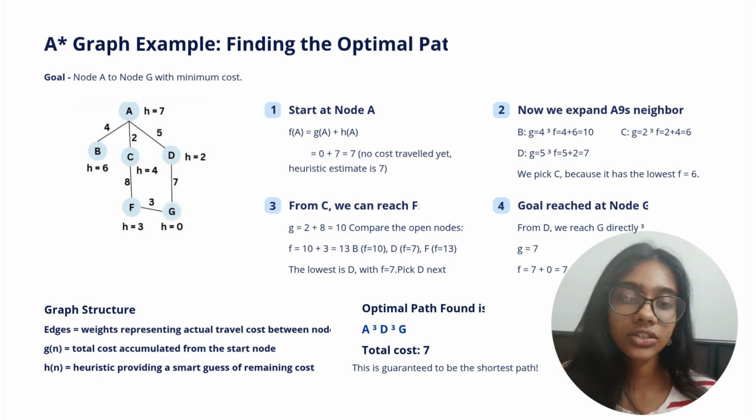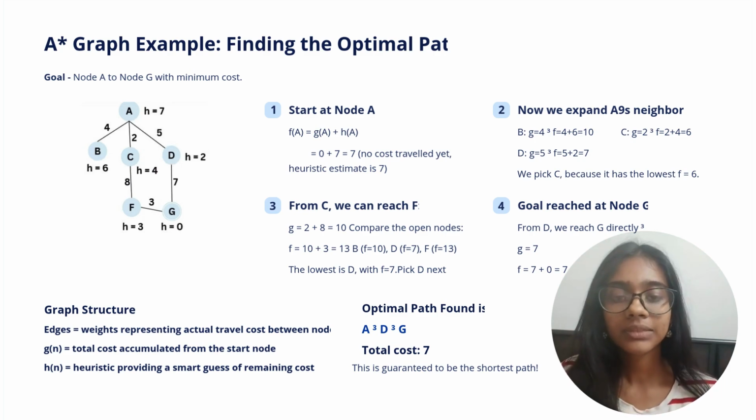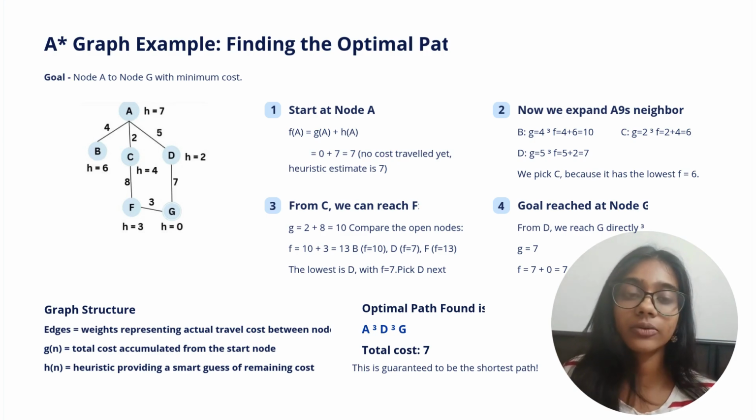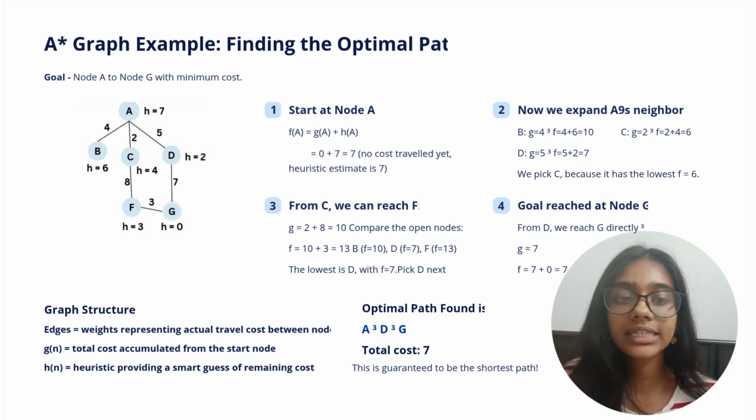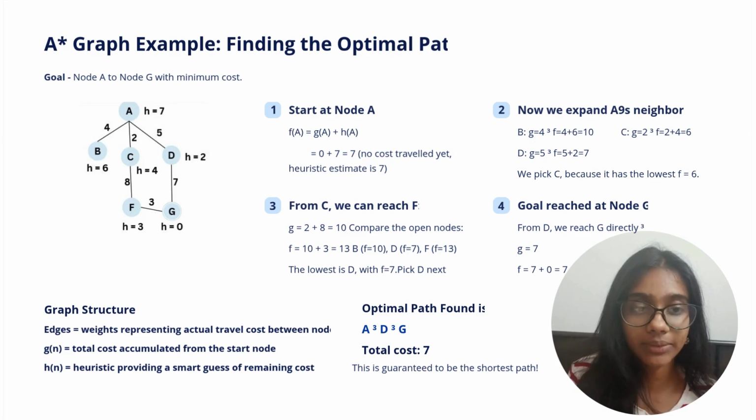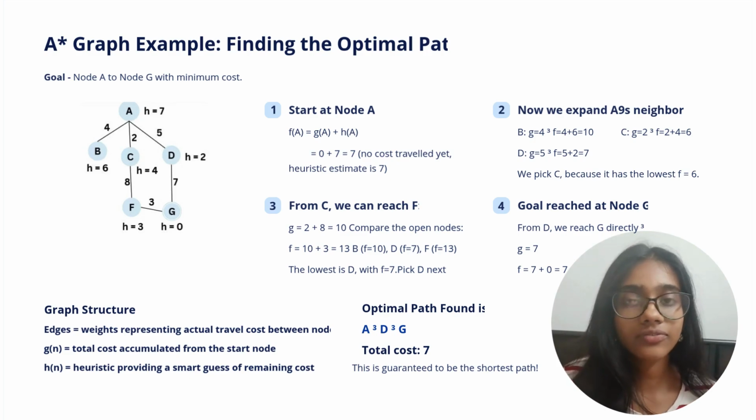So the lowest here is D, with f equal to 7. So from D, we reach our goal G. g of G is 7, f is equal to 7 plus 0, which is equal to 7. So the optimal path is A to D and D to G, with a total cost of 7.